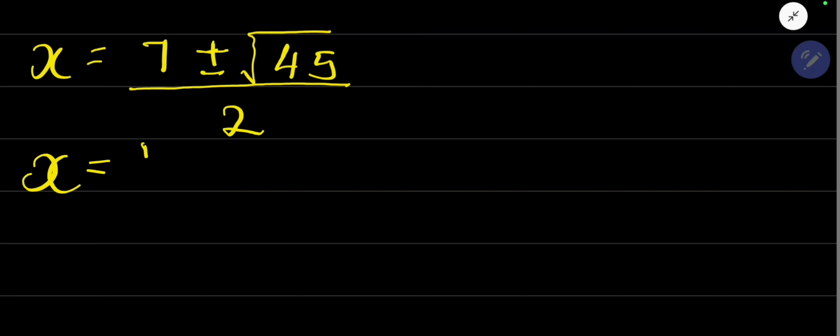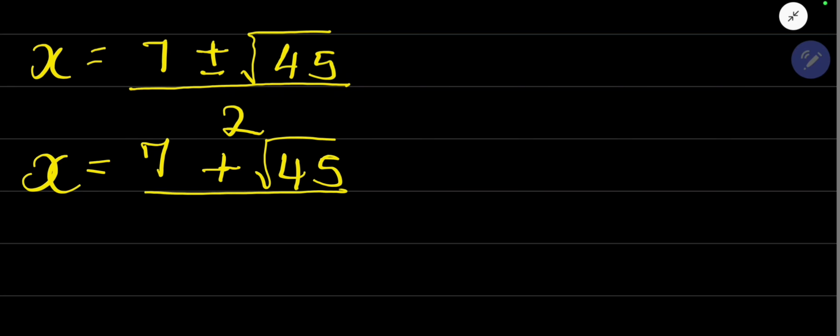So you are going to say that x is equal to 7, and on one of them you use plus, or you can start by using positive. So notice that I only took the positive square root of 45 divided by 2. One can ask, what happened to the minus now? Where is minus? Did we throw it away? No, we didn't throw it away.